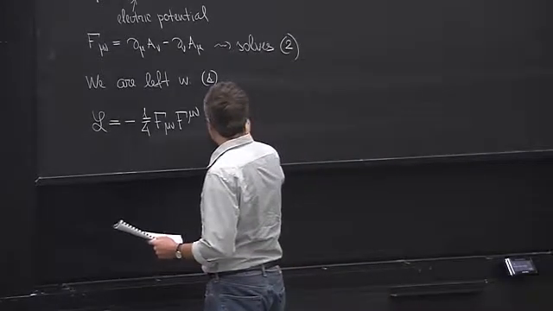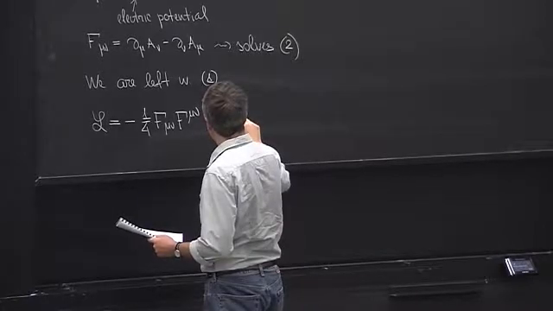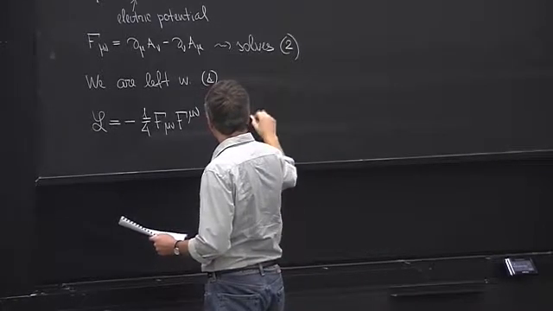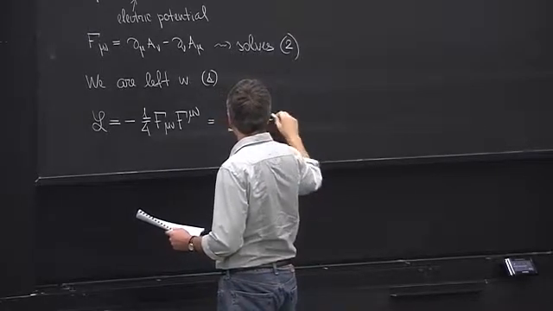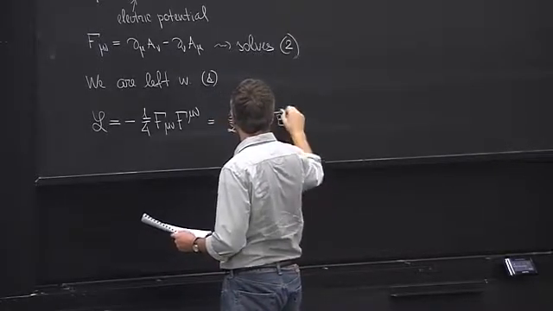If you want to write this in terms of the more usual variables, this is just 1/2 of electric field squared minus magnetic field squared.